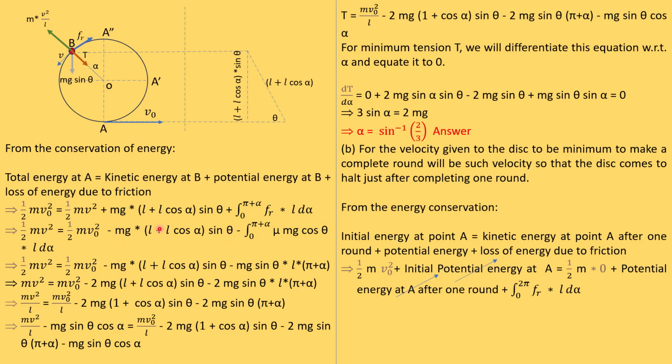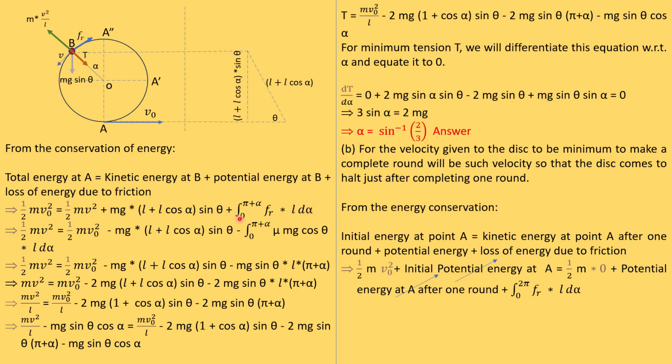So the potential energy we can write as mg into (L plus L cos alpha) into sine theta, and the loss of energy will be the work done by the friction force. That we can write as the integral from 0 to pi plus alpha of Fr into L d alpha.